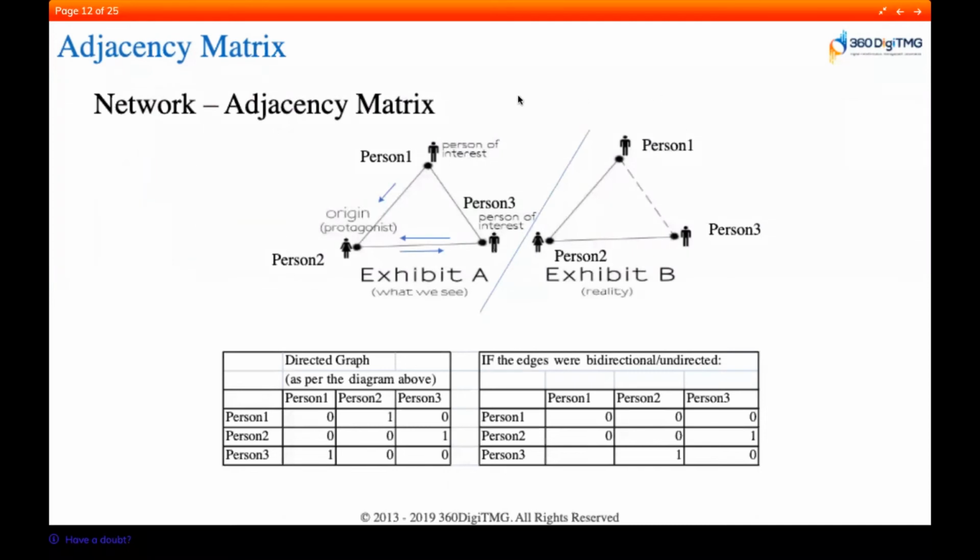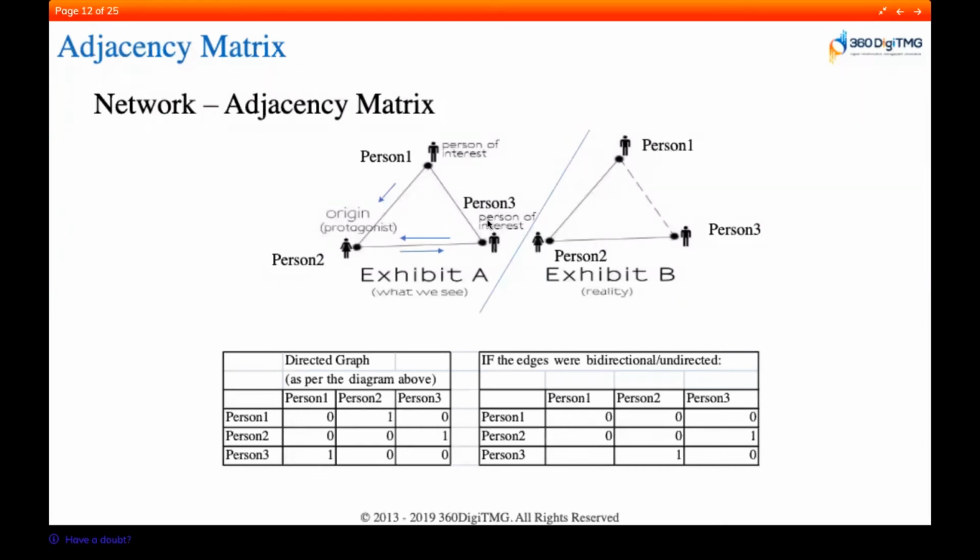You must be going crazy about some of the movies, especially the love story movies, which come up with a triangle love story and try to confuse you guys. Let's say I take this as an example here. Person 1 is liking person 2, right?